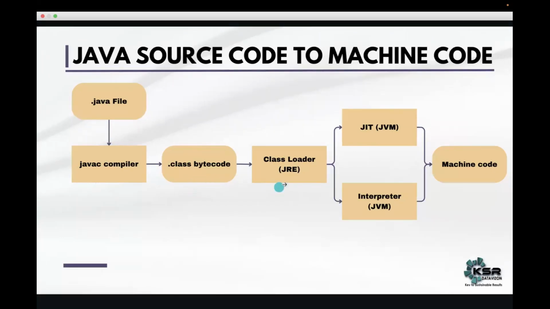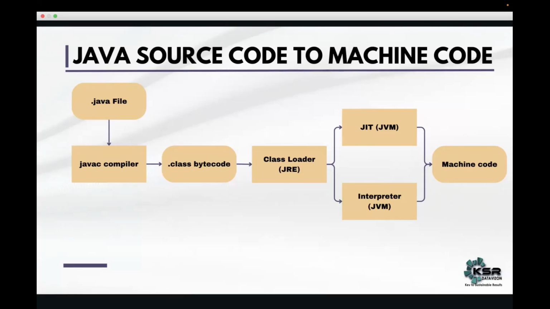Now what will the JRE do? The JRE will load all the classes you have written. We will understand what a class is in depth, but you can think of a class as a different component of code. It will load all the .class files, and once it loads all the classes in memory, the interpreter and the just-in-time compiler we have seen will interpret this bytecode line by line, convert it into machine code and give instructions to the machine to run your Java application.